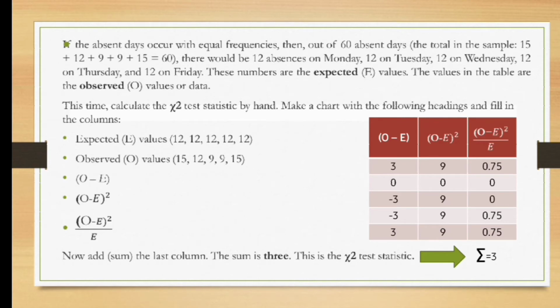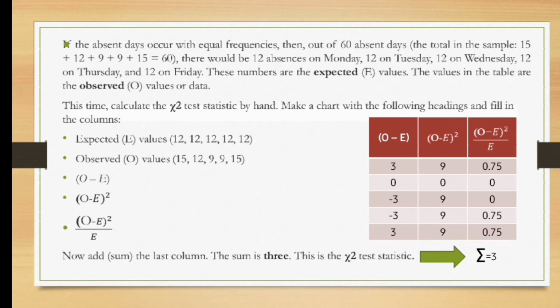Now, if the absent days occur with equal frequencies, then out of 60 absent days, the total in the sample 15 plus 12 plus 9 plus 9 plus 15 is equal to 60. So there would be 12 absences on Monday, 12 on Tuesday, 12 on Wednesday, 12 on Thursday, and 12 on Friday for our expected frequency.